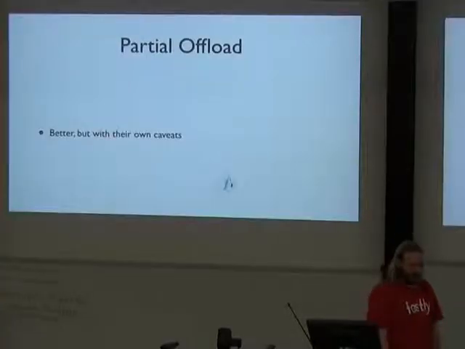And because parts of the kernel need to know what's going on, you may not be able to do as much with iptables as you want. Your quality of service filters may not work as well as you would like because you just don't have control over how large the buffers are and how those things actually work. So we have partial offload engines, which help, but they're not a panacea either.